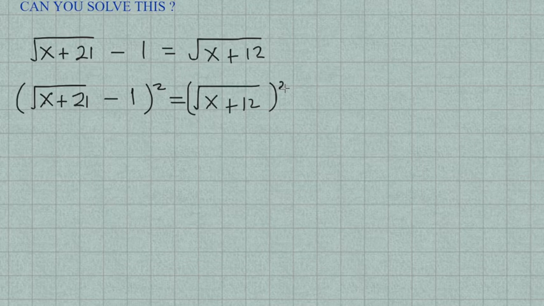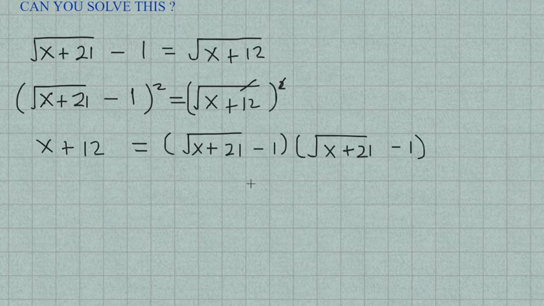Now by squaring both sides, the square and the square root cancel out, right? So now by rearranging, we have this. The next thing I'm going to do is to write the left hand side as it is.